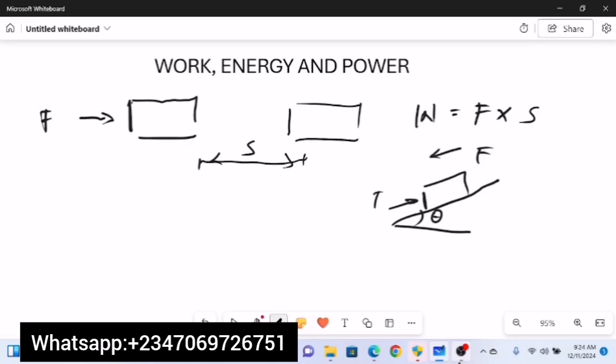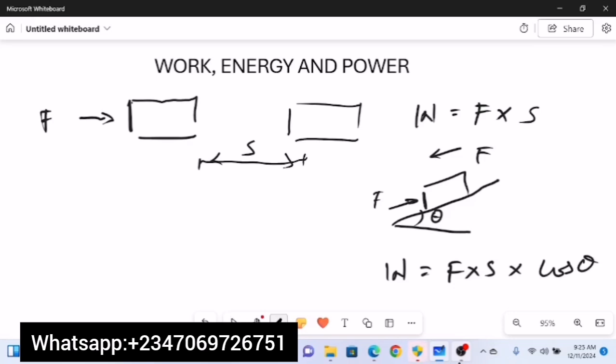We simply say that work is said to be done when a force pushes an object a certain distance. So when an object is inclined at an angle, mathematically work done is given simply as the product of force and the distance covered by the object multiplied by the cosine of the angle which it is made.